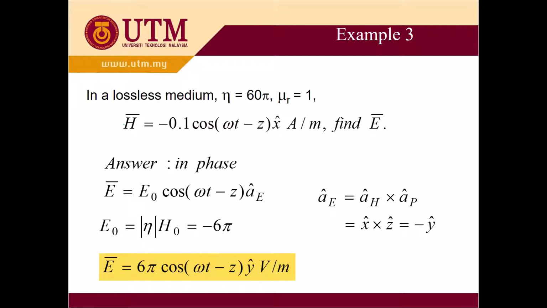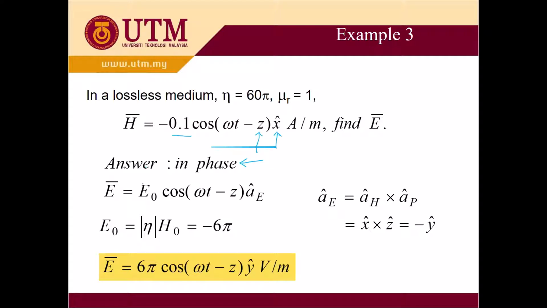The magnetic field is given by minus 0.1 cos(omega t minus z) in the x direction, in ampere per meter, and you have to find E. From this information, we know the magnitude of the magnetic field, the direction of propagation, as well as the direction of the H field oscillations. Because this is a lossless case, it is in phase. There is no phase difference between the electric field and magnetic field.